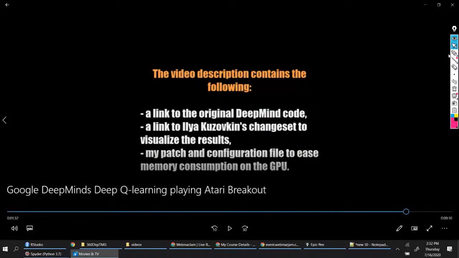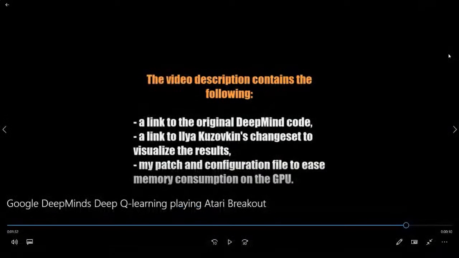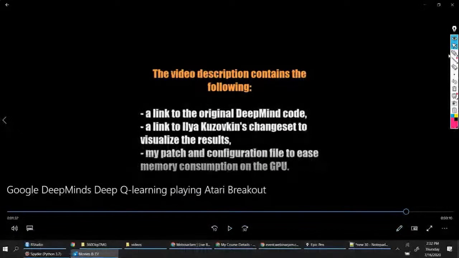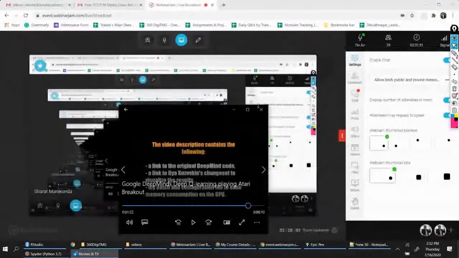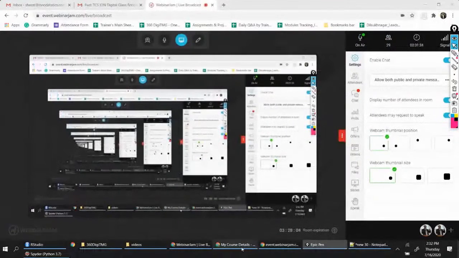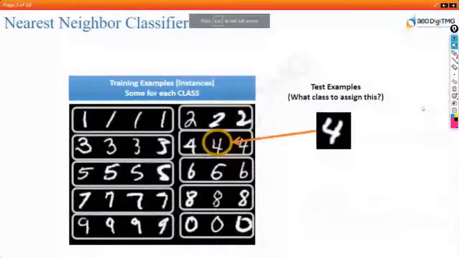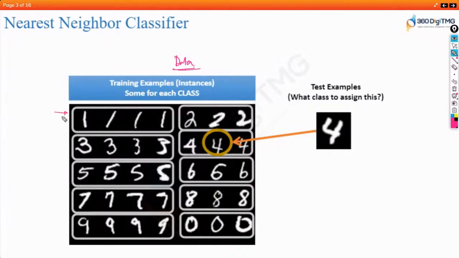So this is our machine learning. This is Google's algorithm for you. It's called deep learning, DeepMind. We are trying to do the same thing here. We are passing as much data as possible, saying, hey, if you see this kind of a letter, then treat that as 3, this as 1, this as 5.